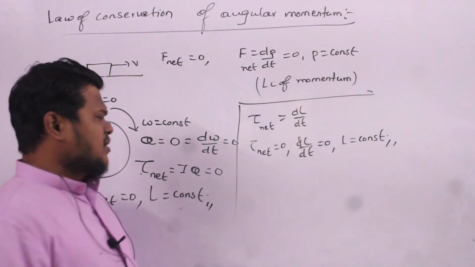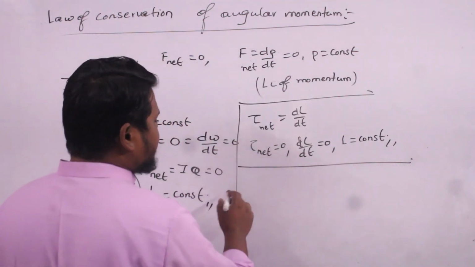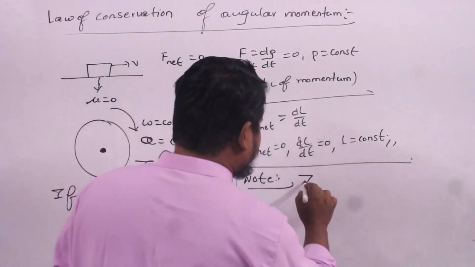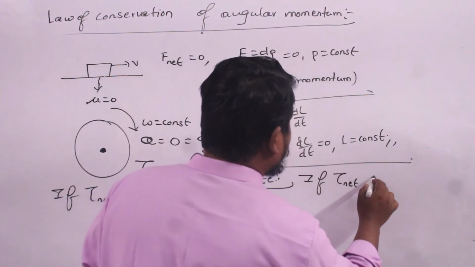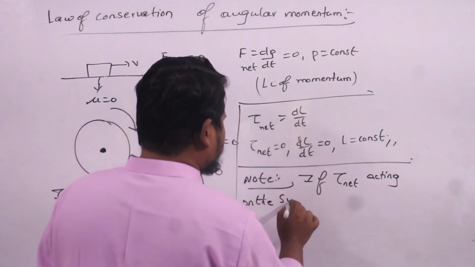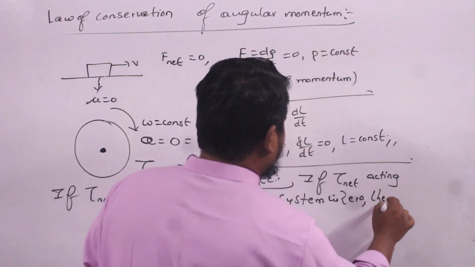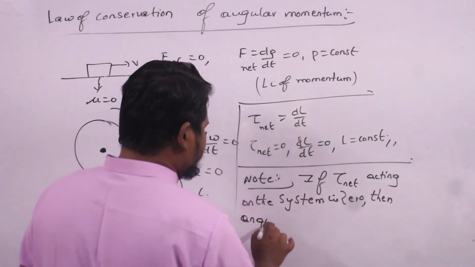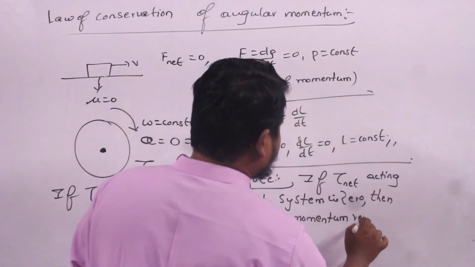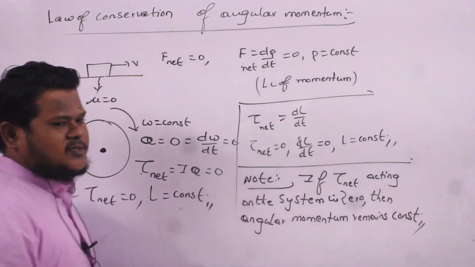Let us write the statement of the law of conservation of angular momentum. If net torque acting on the system is 0, then angular momentum remains constant.